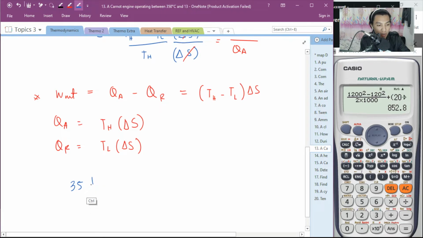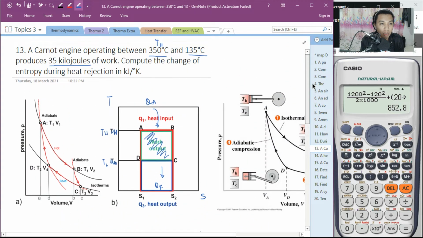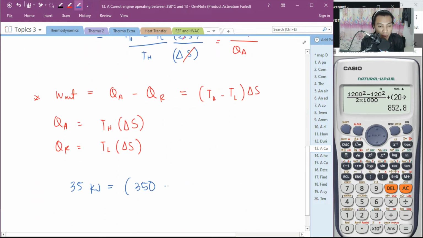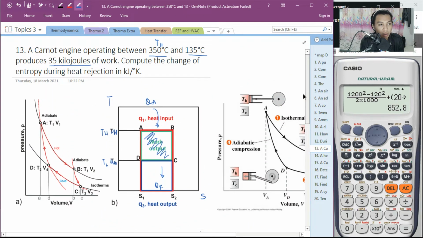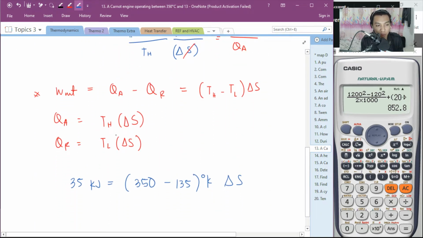Wala. Kilojoules lang ang binigay. Equal to TH minus TL. TH is 350. Okay. 350 and 135. Minus 135 degree Kelvin. Ngayon, multiply to delta S. Ang hinahanap lang natin, the change in entropy. During heat rejection, pareho lang naman yun eh. Ay, pareho lang naman yan.